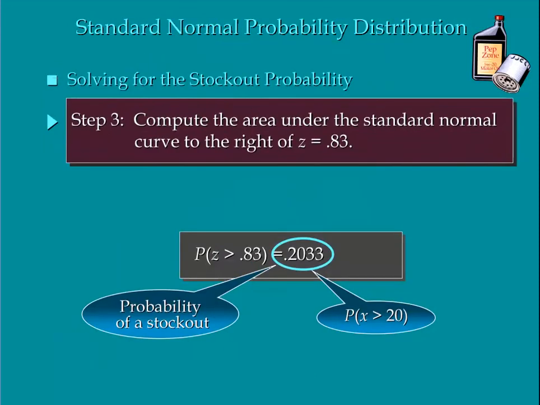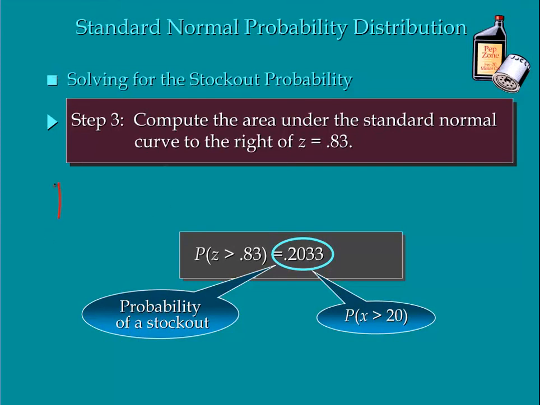So compute the area under the standard normal curve to the right of z equals 0.83. There we have it there, 0.2033. Okay. Now, what's the point of that? Let's put all this together.